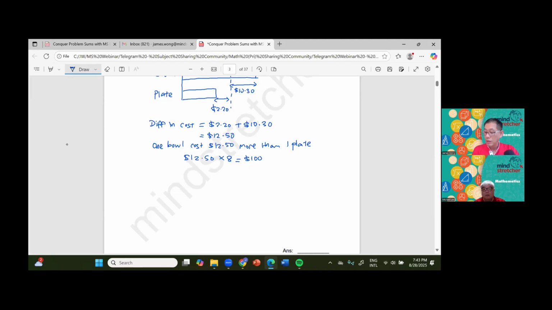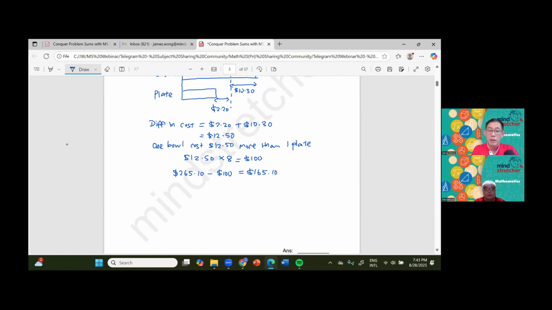So the amount that she would have spent is 265.10 minus the $100, which gives you 165.10.